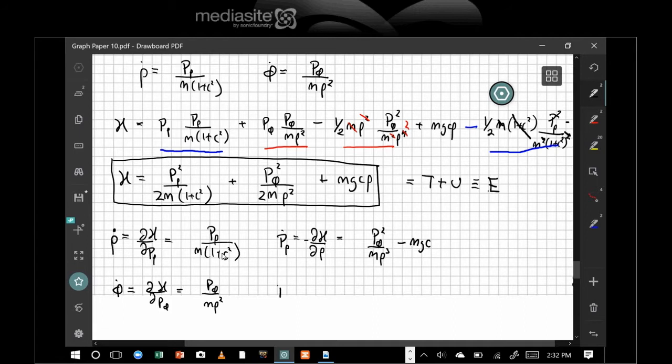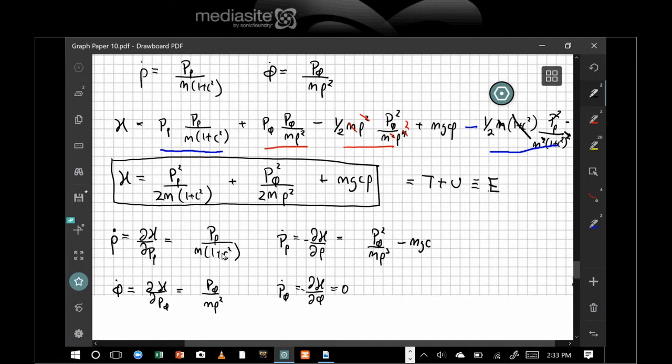Okay. And then the final thing is P sub phi dot is equal to minus partial H with respect to phi. Well, that's equal to 0. Okay. So that's conservation of angular momentum there. This is that P sub phi dot is equal to 0. That means that that is equal to 0.